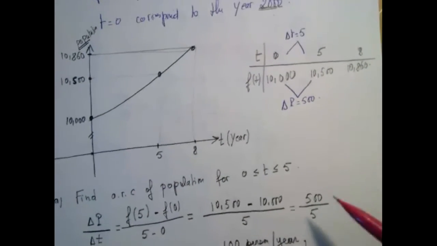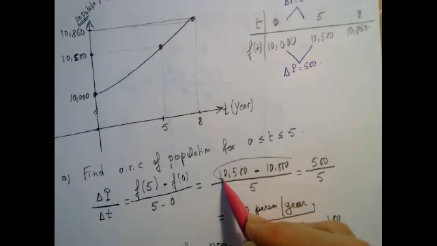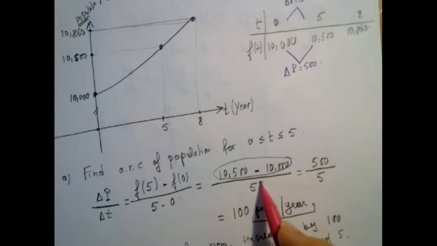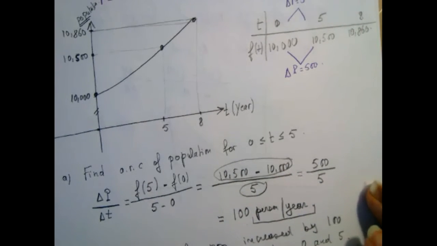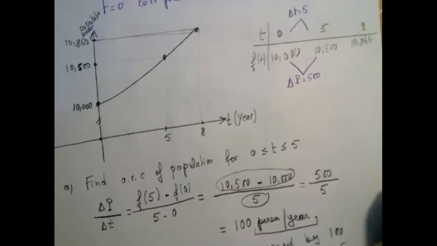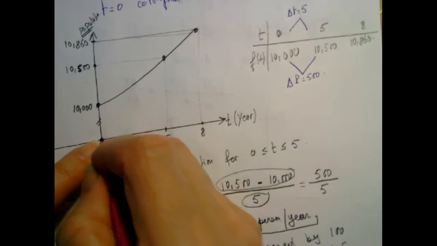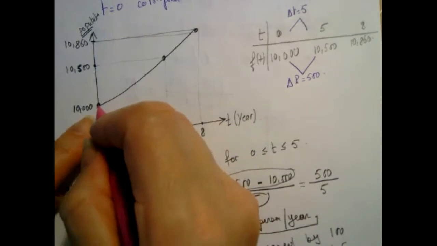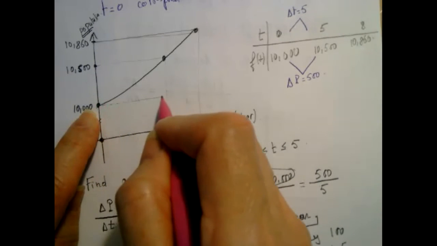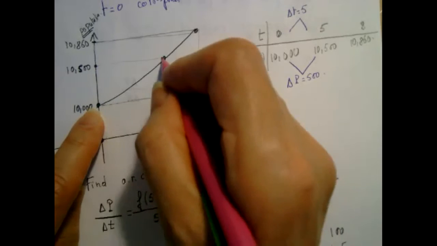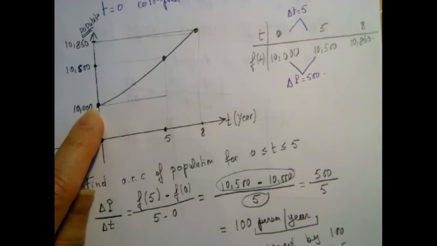Now, in the graph, let us show the numerator and the denominator graphically, so we understand the picture related to the one before. When time goes between 0 and 5, the population was 10,000. The population increased to 10,500.